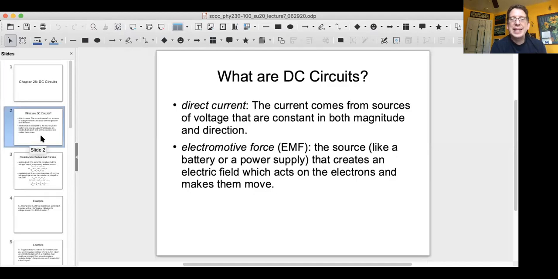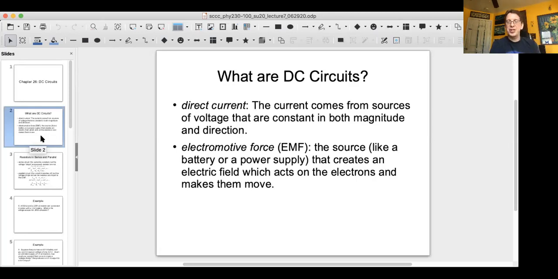In DC circuits, all sources of voltage are said to exert what's called an electromotive force. Basically, the potential difference is associated with an electric field that exerts a force on the electrons that makes them move. You need to be careful with the terminology because electromotive force is actually a potential difference and not a force in the physical sense of the word.